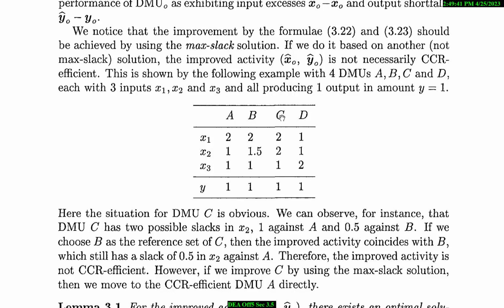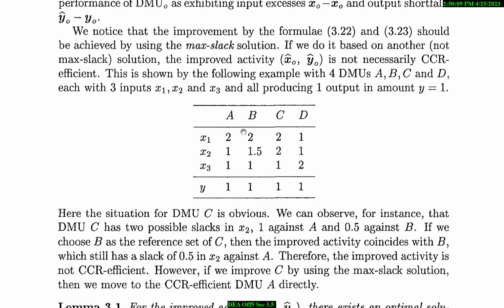Indeed, if we compare C with B, the first and the last inputs are equal, but the second input of B is half less than the input of DMUC. But for A, the difference between the second inputs, that is indeed the slack, is 1.